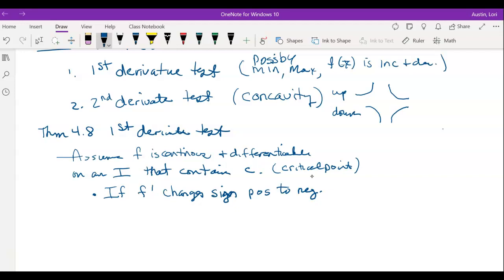The derivative. So if the derivative is first positive, that means it has a positive slope, right? And then all of a sudden it changes to a negative slope. What kind of value do we likely have at c? It's going positive and then negative. So what do we have? A local maximum.